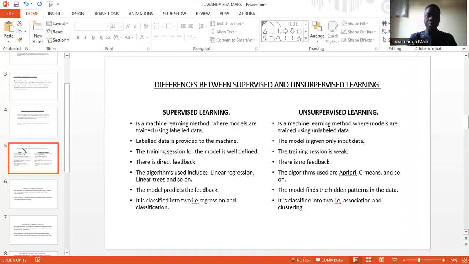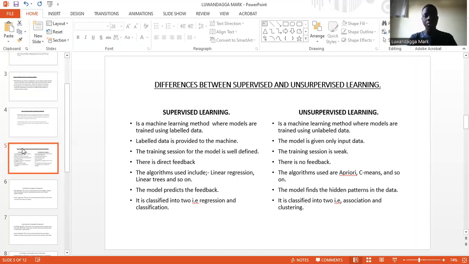So there is direct feedback in supervised learning, while there is no direct feedback in unsupervised learning. With direct feedback, the output data is already known, unlike in unsupervised learning where the machine keeps learning on its own.